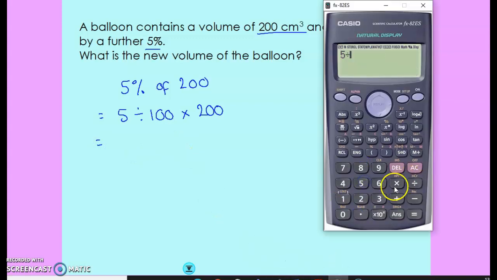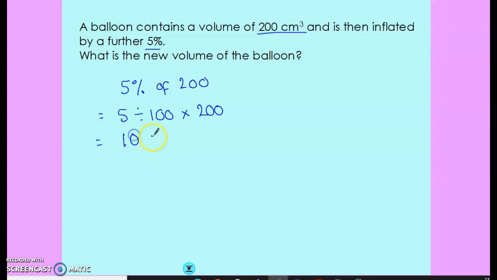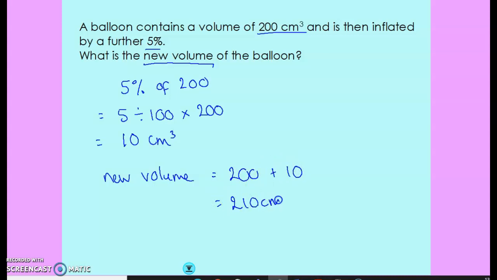You can do this one without a calculator. I'll keep just doing the same thing in my calculator so you can see it. So it increases by 10 cubic centimetres, whereas we want the new volume of the balloon, not how much it increased by. So it was 200. It's now an additional 10, so it's 210 cubic centimetres.